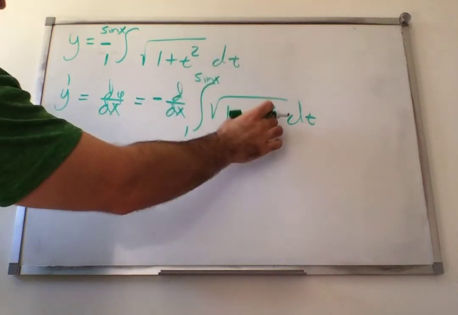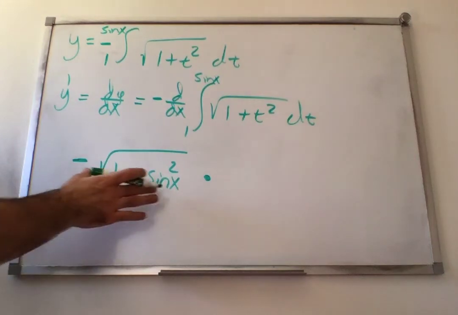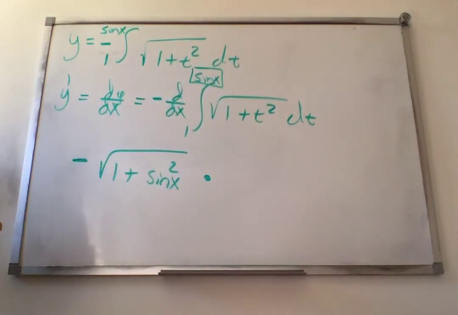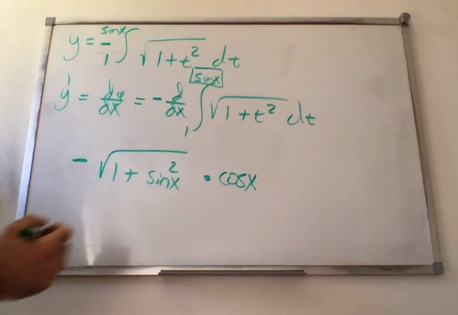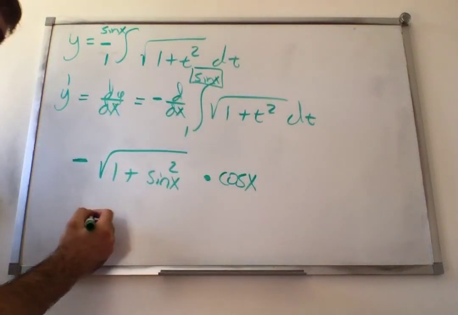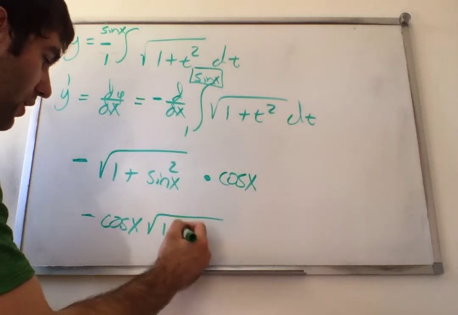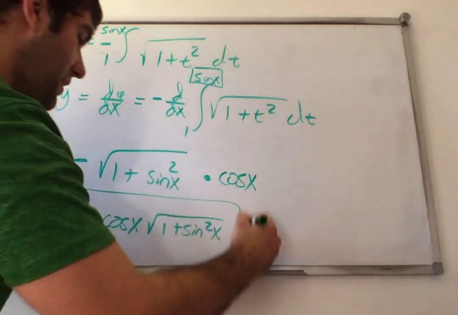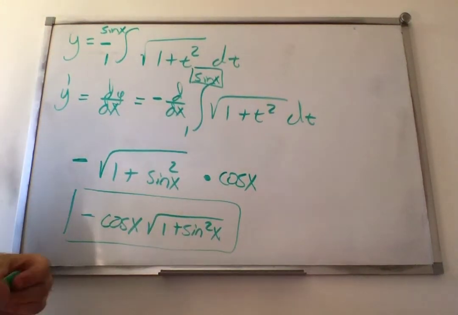But now I have to remember to multiply by the derivative of the inside function. The derivative of sine is cosine. So the final answer, bringing the cosine out front, is negative cosine of x times the square root of 1 plus sine squared of x. This would be your answer for the derivative of this y function.